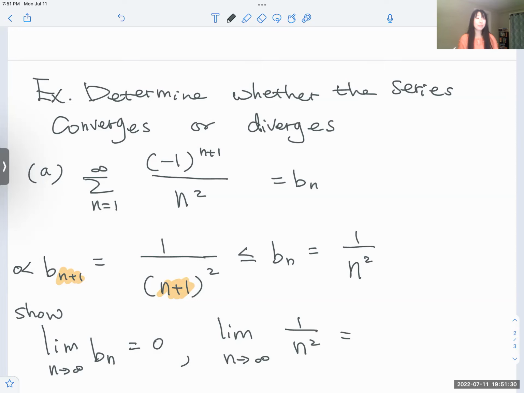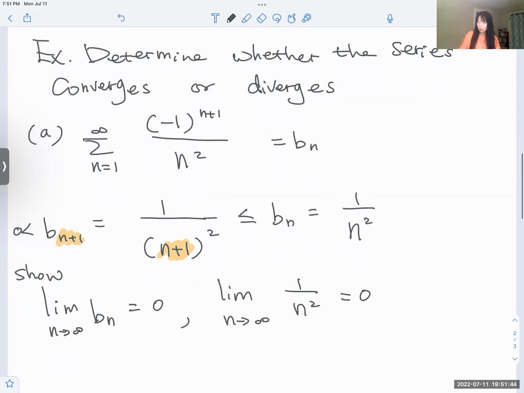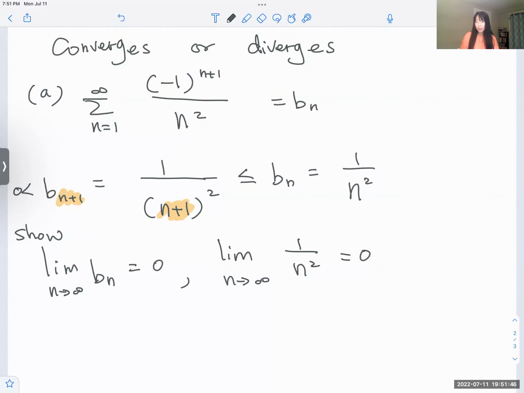It's 0. So I told you, casual thinking, right? 1 over a huge number is close to 0. So yes, then we can say that this converges by the alternating series test.